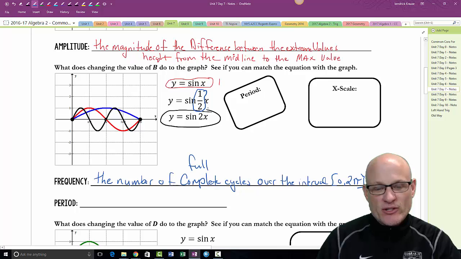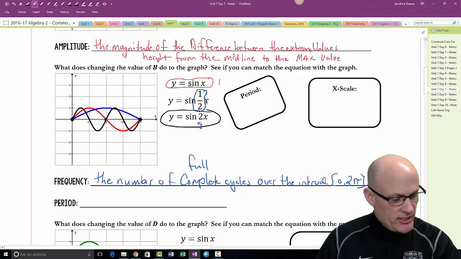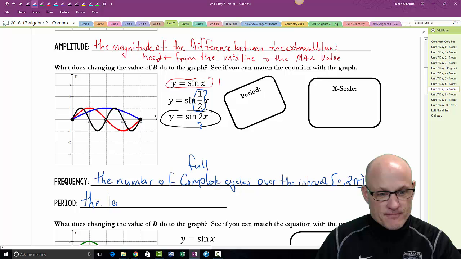As b increases we see more cycles. As it decreases we see fewer cycles, which is why the blue one only has half, or the top part of it. The period is the length of one full cycle.